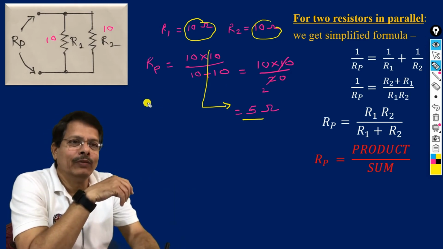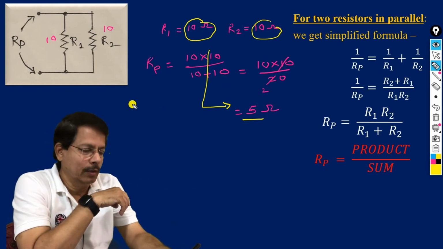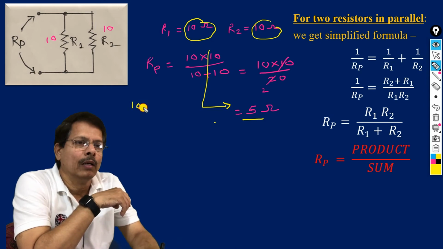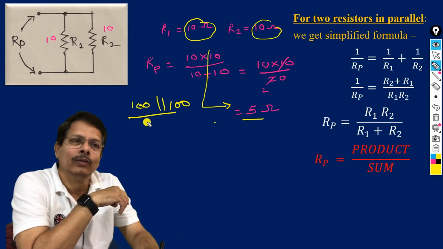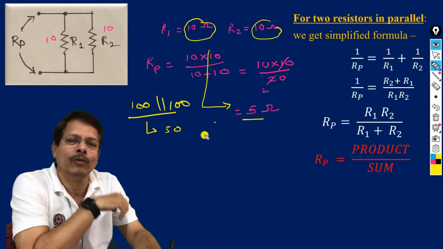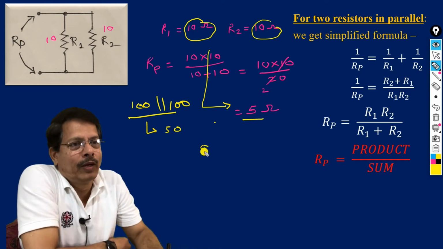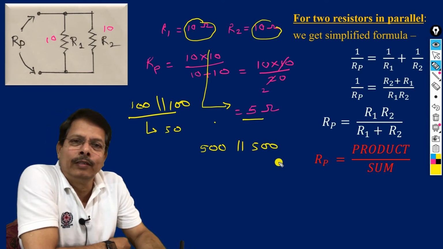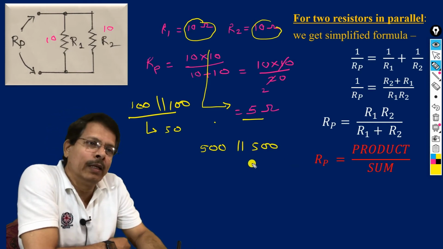Similarly, if I connect 100 parallel 100, this will be simply 50 ohm. For example, if I connect 500 parallel 500, it becomes half, so half of 500, that is 250 ohm.